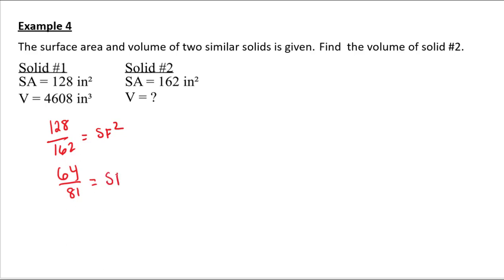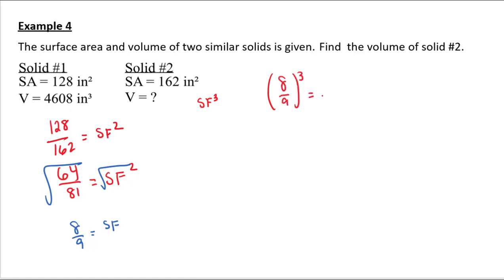I square root to get 8 over 9, which is my scale factor. So remember, my volume ratio is the scale factor cubed. So 8 over 9 cubed is going to equal 4608 over the volume of my other one. I would let you use a calculator on that.